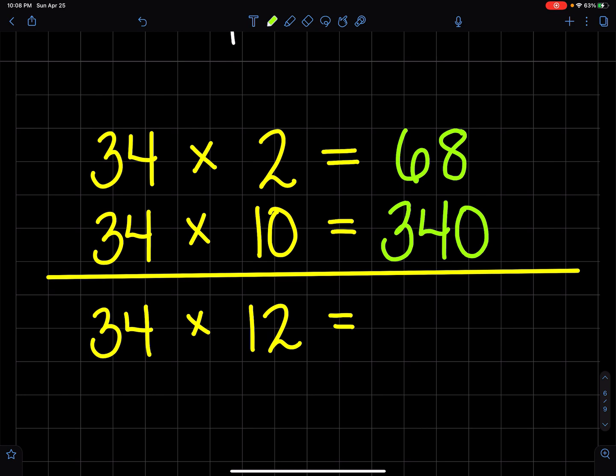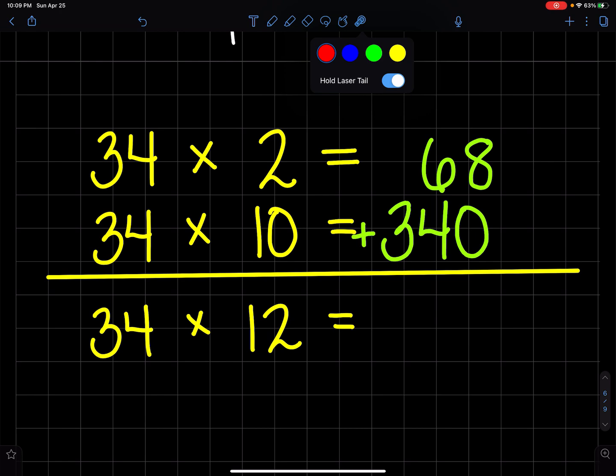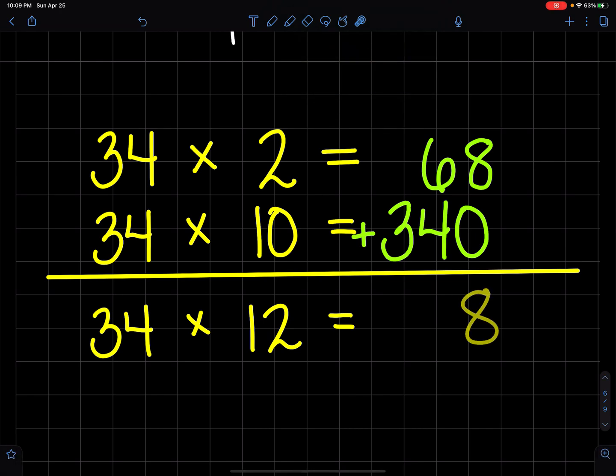Now, check this out. When I add these numbers together, let's add them together and see what happens. Let's start with the ones, 8 plus 0, you get 8.